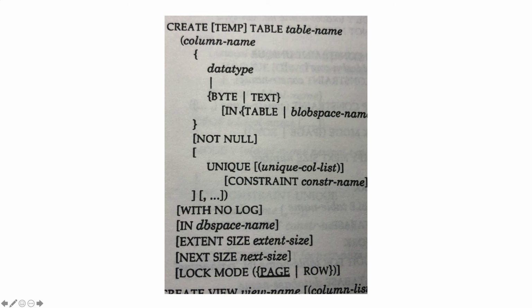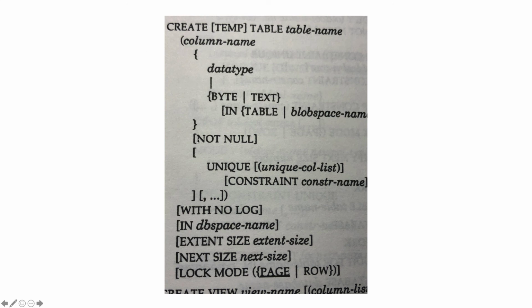If you use the word IN, you have to give the word TABLE, or because of the pipe, you have to name a blob space. And there's a whole lot more here, but what I'm really trying to get you to understand is, what do square brackets mean? What do squigglies, open squiggly brackets, and I'm sure there's a fancy word for that, and what does a pipe mean?